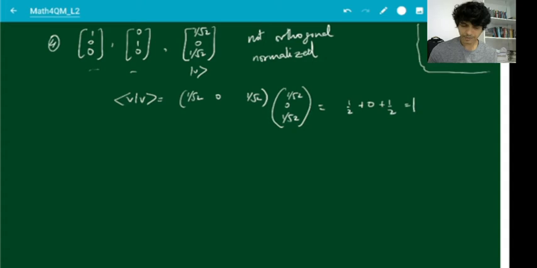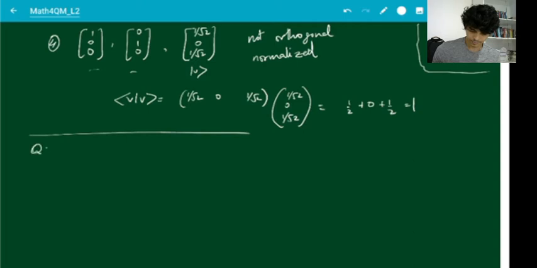So this brings us to the question: if I have a vector whose norm is not 1, is it possible to normalize it? Yes, it is possible. You just have to divide it by an appropriate factor. So for example, the question is how to normalize a vector.